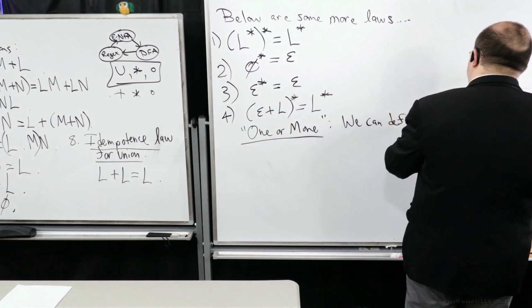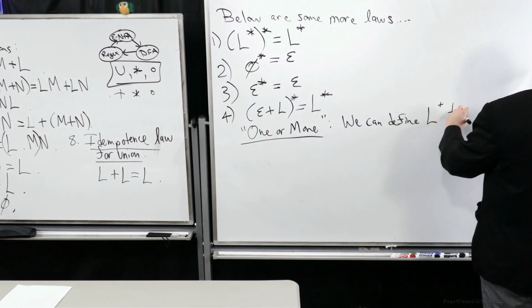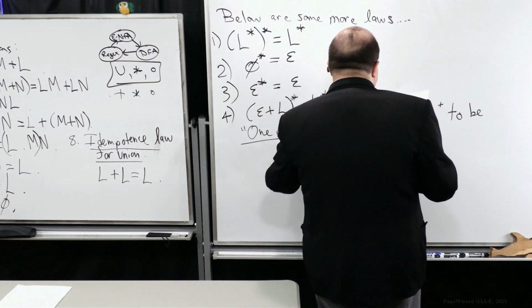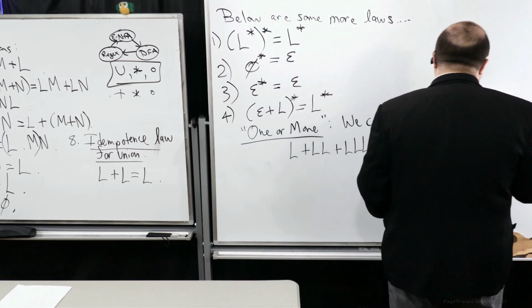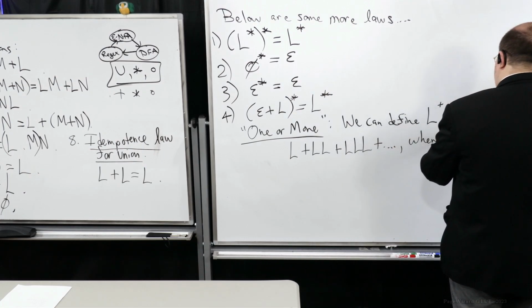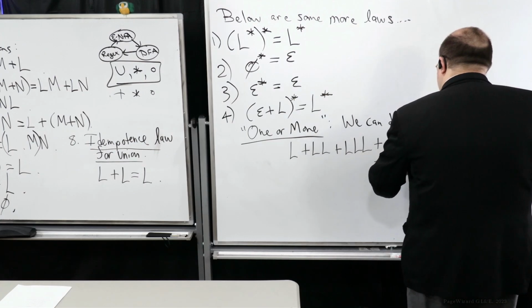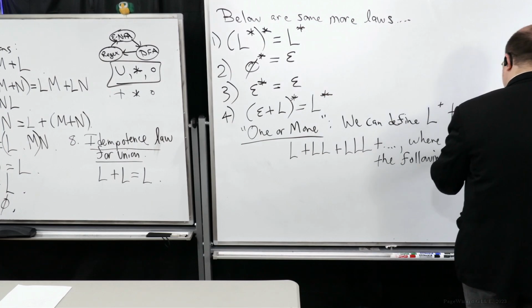We can define L with the exponent being a plus to be L or LL or LLL and so on, where we have the following properties or laws.